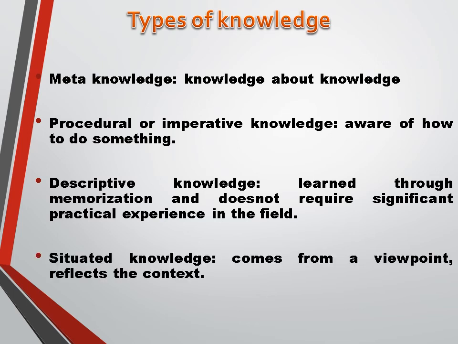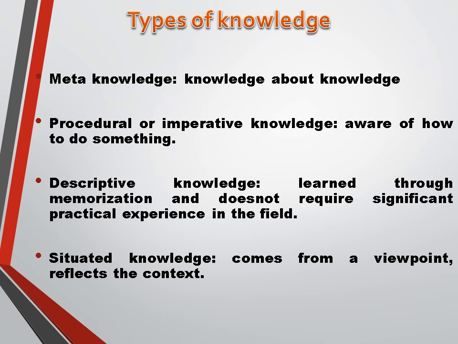The next type of knowledge is known as situated knowledge, which comes from a viewpoint or reflects a certain context, community or culture. It is the knowledge that is specific to that situation, and it is hard to understand from outside of that perspective.